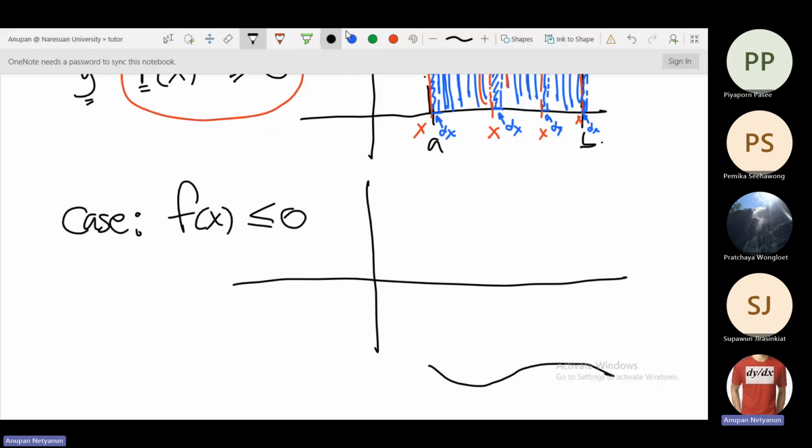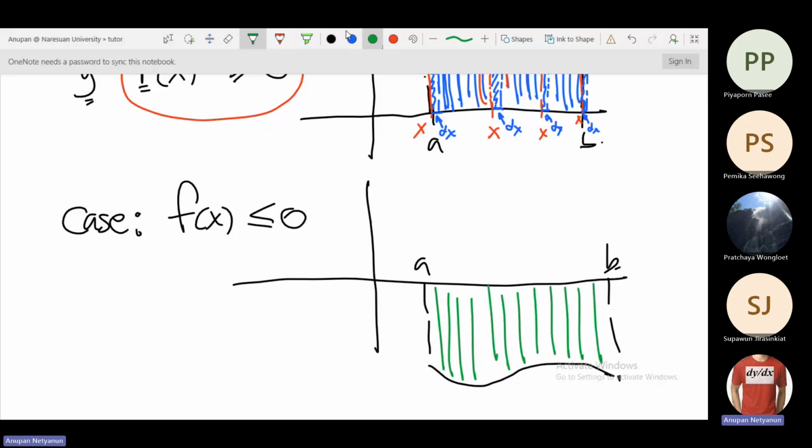So your graph will be under your x-axis. Let's say your a is here, your b is here. That means the area that you will get is going to be this area here when you do definite integration.